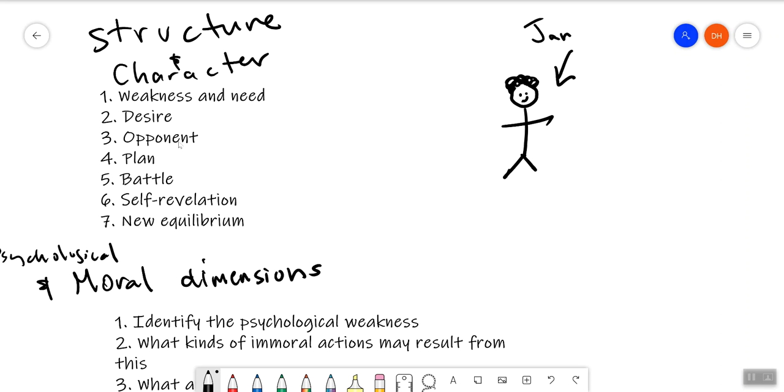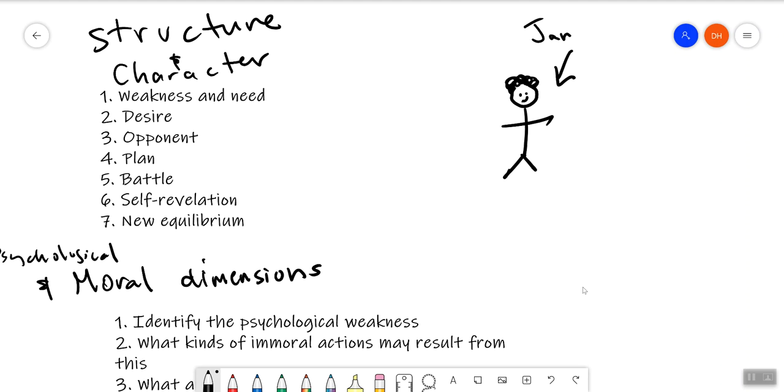Now, we'll get into the opponent a bit later when we talk about character, but the opponent in a story, now there always has to be an opponent, okay? The opponent doesn't have to be some evil character lurking in a dark alley waiting for the hero to walk by so they can jump out and fight. No. The opponent can be insecurity. It can be greed. It can be addiction.